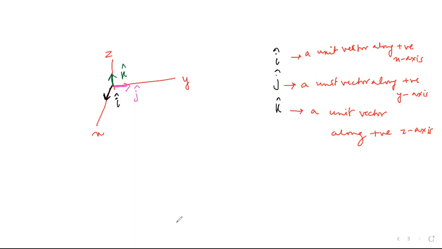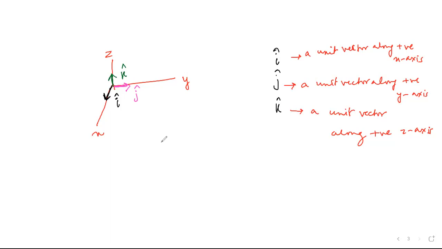So i cap is along positive x, j cap is along positive y, and k cap is along positive z direction. What we do, we can express a vector in terms of its components in unit vector notation.